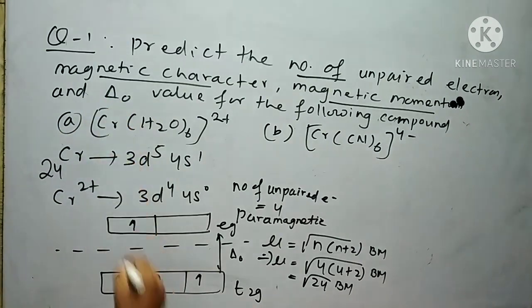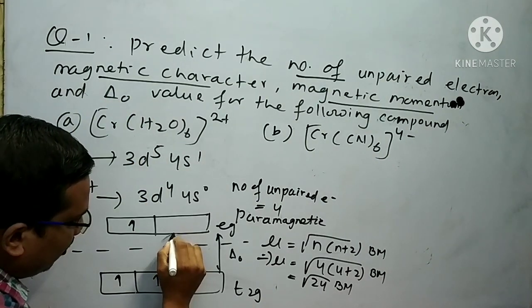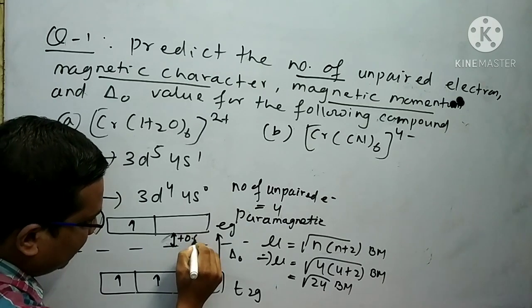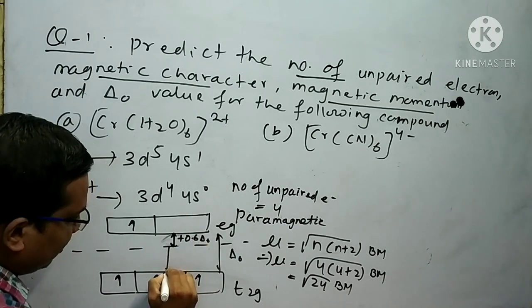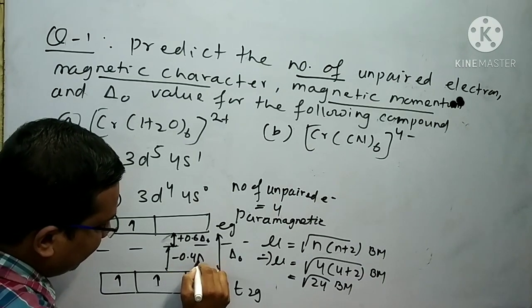Next is your find the del 0 value. We know that this is your plus 0.6 del 0, and this is your minus 0.4 del 0.